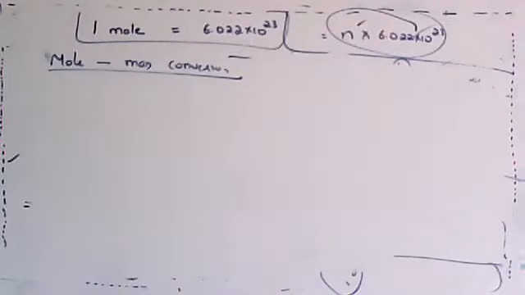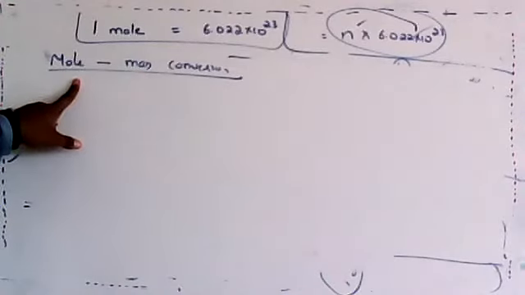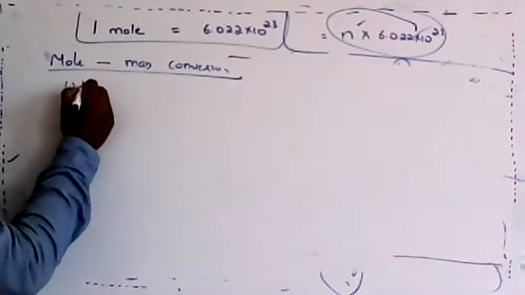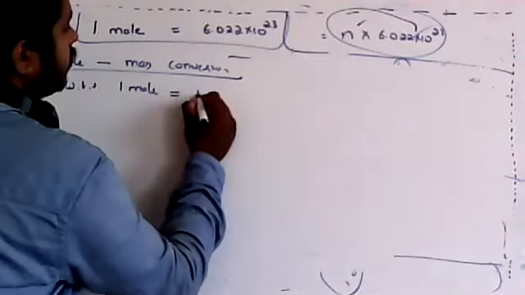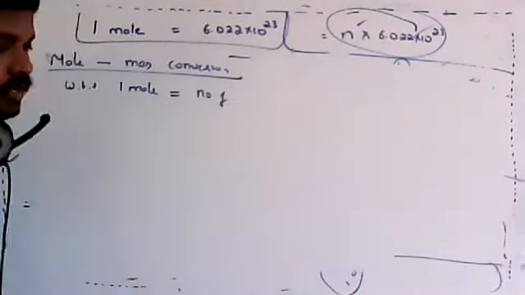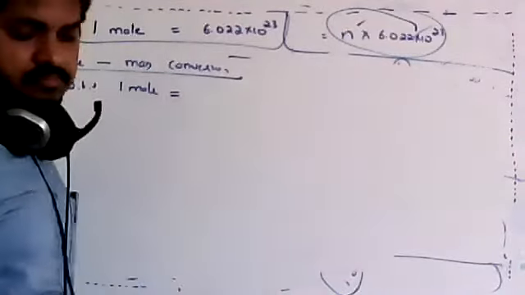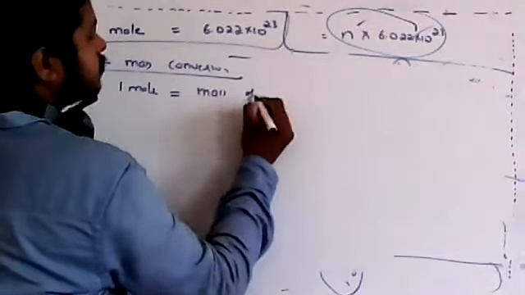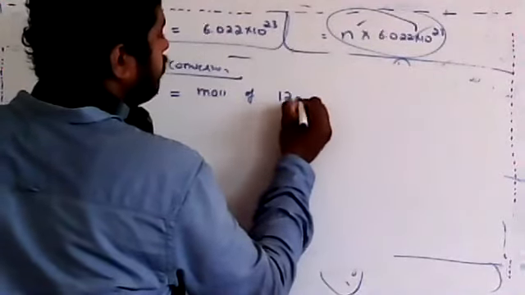This conversion we will understand, and you should understand the relation between mass and mole. We already know that 1 mole of anything is equal to the number of atoms in 12 grams of carbon.